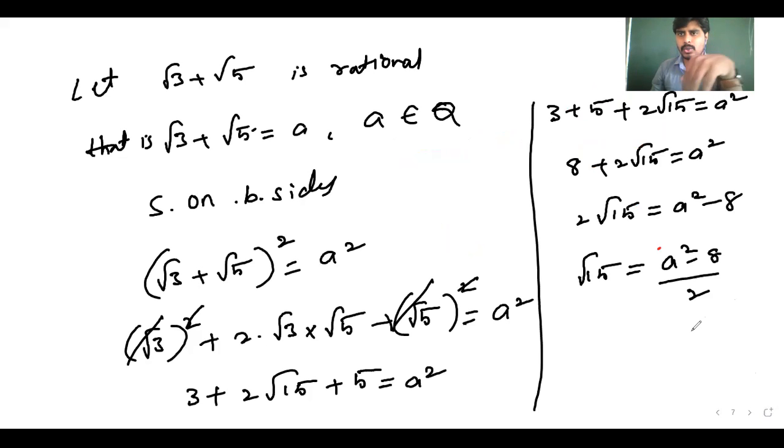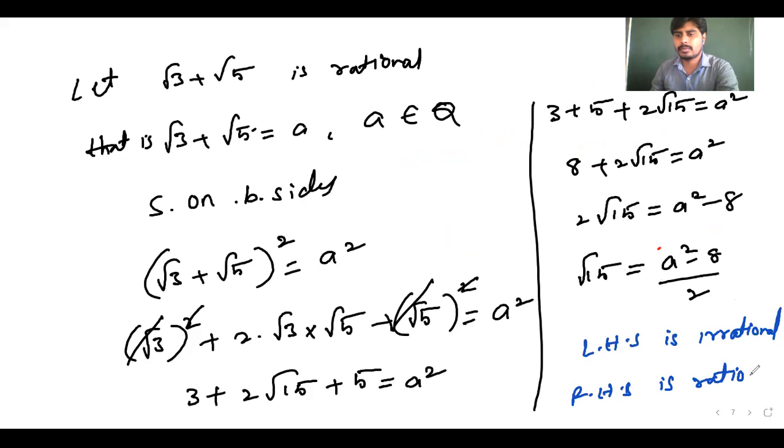So the LHS part is an irrational number and the RHS part is a rational number.